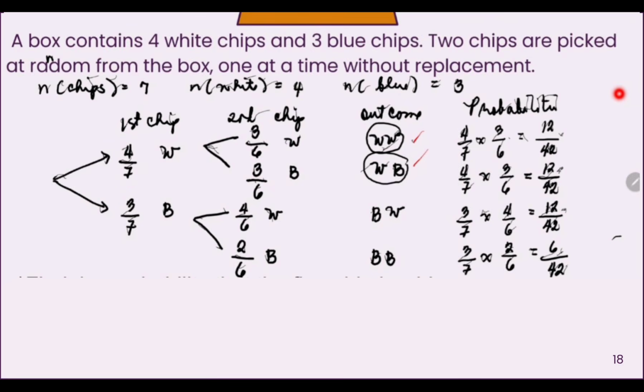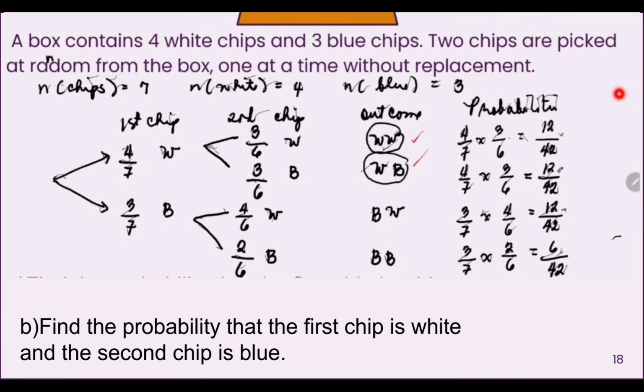Let's also take a look at the second question. Find the probability that the first chip is white and the second chip is blue. Therefore, the second chip now matters. It cannot be white, it has to be blue. So take a look at your probability tree diagram, where here is the one that shows white, blue.